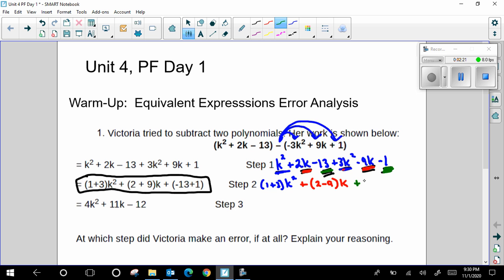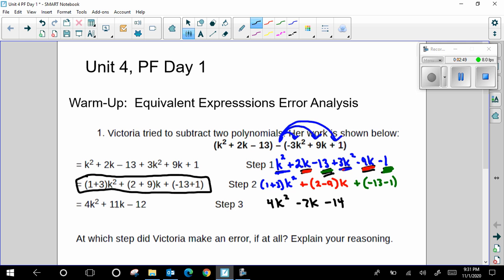So that would be plus negative 13 minus 1. Now if I simplify my parentheses, I have 4k squared. 2 minus 9 is negative 7, so minus 7k. And then plus negative 13 minus 1, so minus 14.